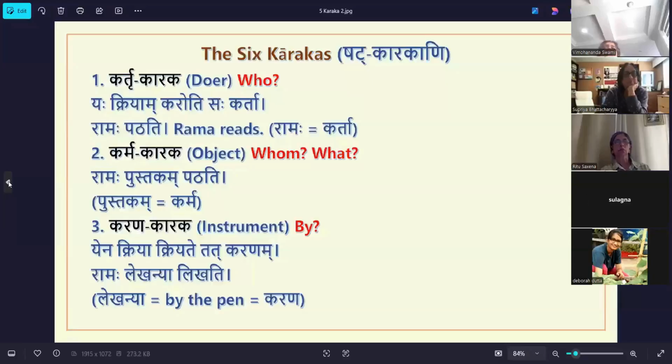So from the second one you cannot know. I don't remember this. But whatever it is, here it is taking the second vibhakti. Rama pustakam patati. Yes, pustakam is the karma. Karma means here it is the object.